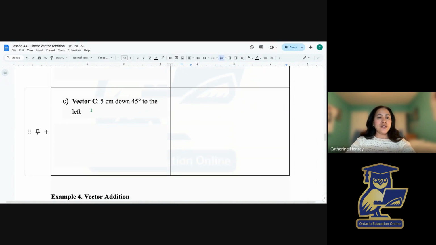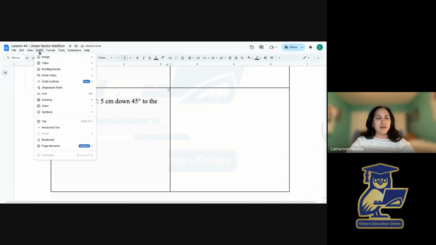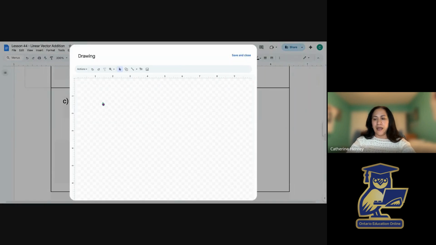Last one, vector C, has a little more to its direction. So we'll insert again. We'll go down to drawing. We'll add a new drawing. And this time, the vector points in the direction of down 45 degrees to the left. So when I draw my line, I want to start heading down, then I want to veer off to the left.